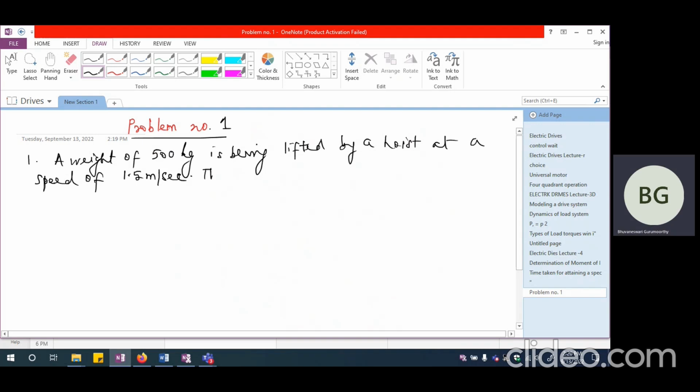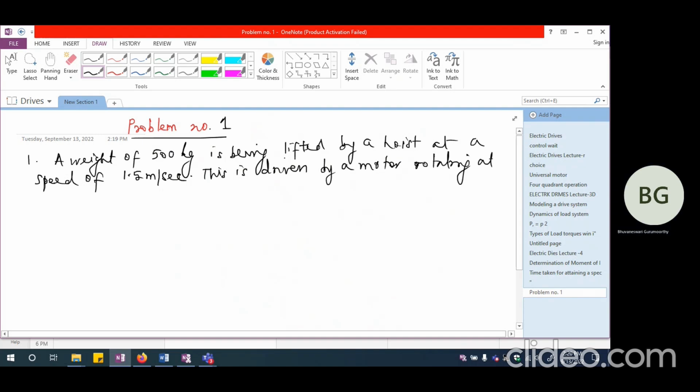This is driven by a motor rotating at 1000 RPM.